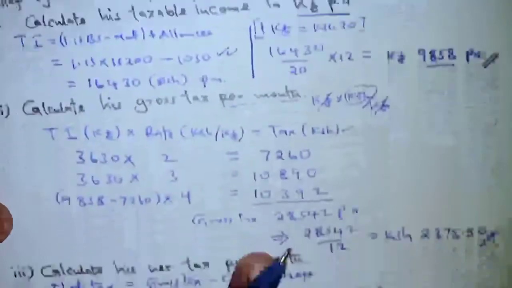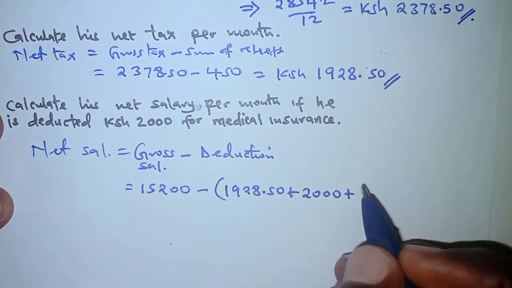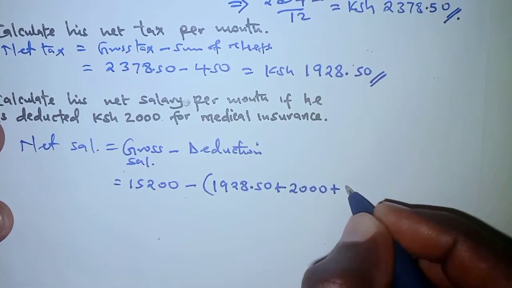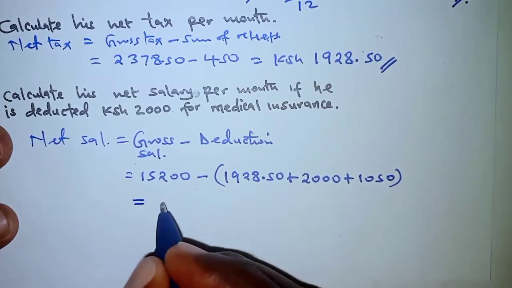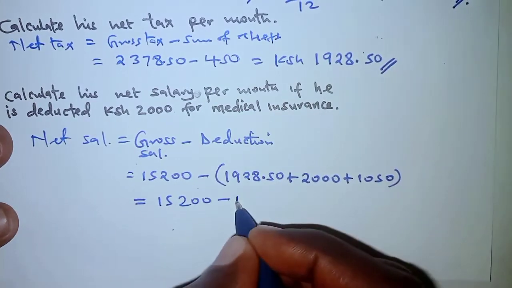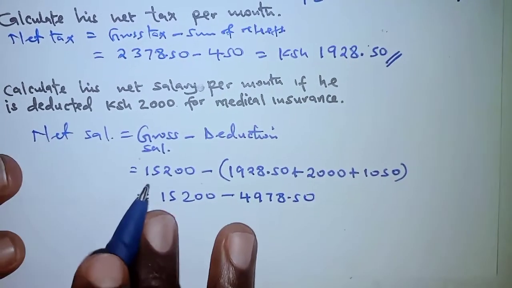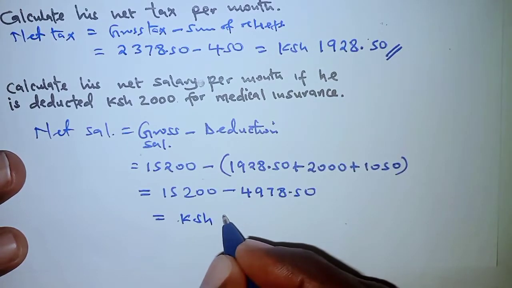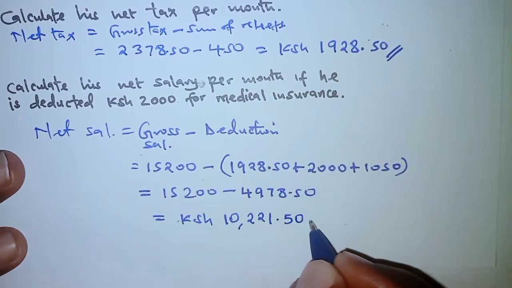At this particular time, a time has come for the nominal rent to be deducted. So we have the nominal rent, 1,050, and then we'll have 15,200 minus, when we sum up the deductions, we have 4,978 shillings and 50 cents, and finally subtracting, this should give us 10,221 shillings and 50 cents.